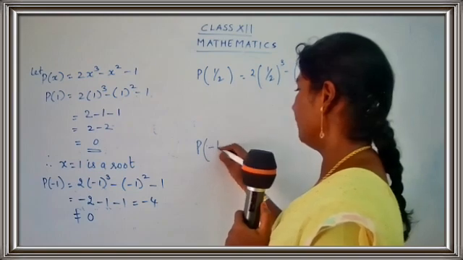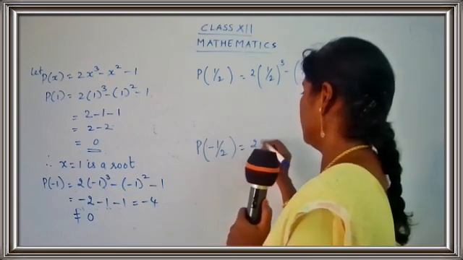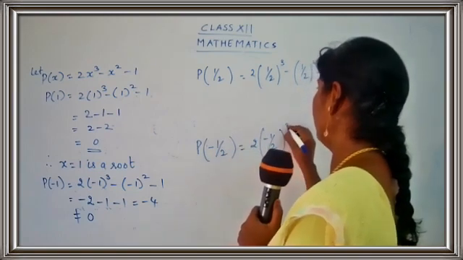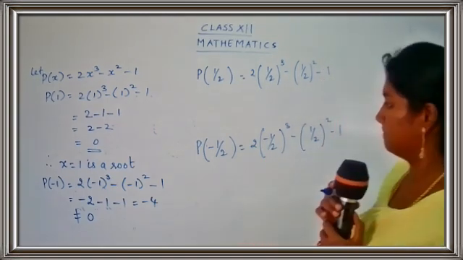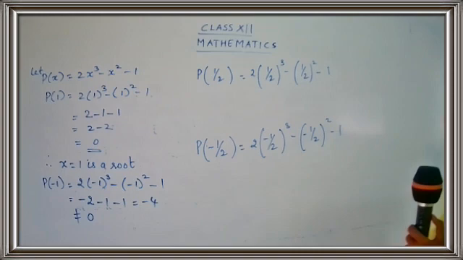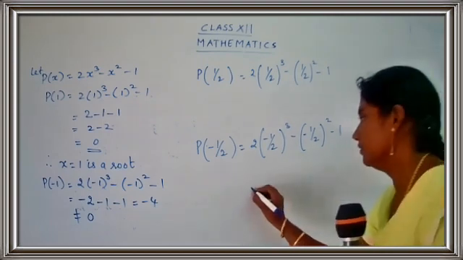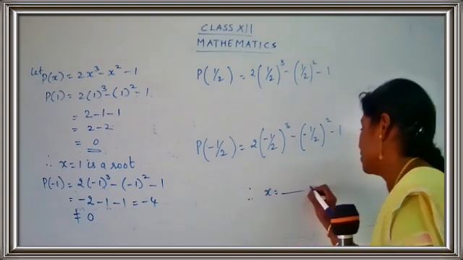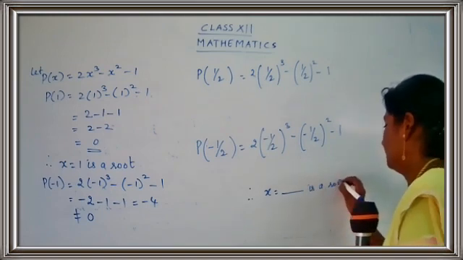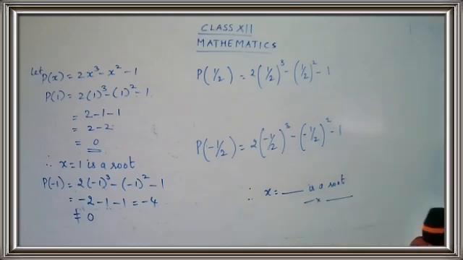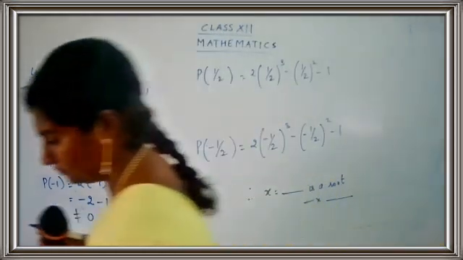And try for P of minus half: 2 times minus half the whole cube, minus half square, minus 1. 2 minus 1. Therefore, x is equal to dash. Come on, find out the answer.